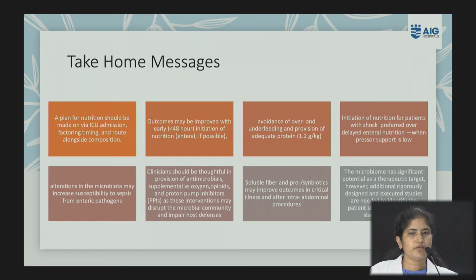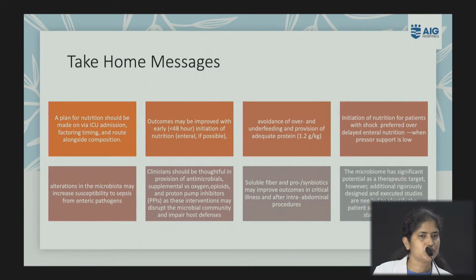Also, whenever patients are in shock, you prefer early nutrition rather than delayed, but only when the patient's pressure support is low. If the patient is dependent on a lot of pressors, then you choose parenteral nutrition.